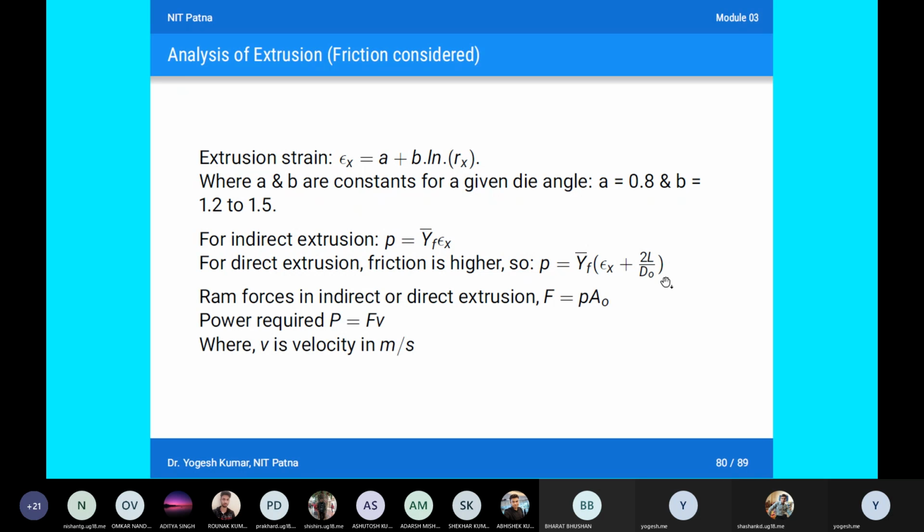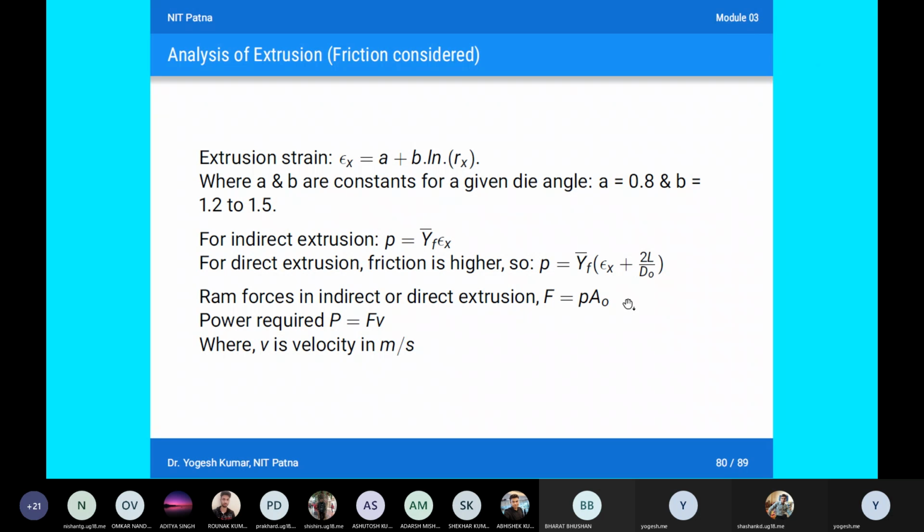The ram force, in the case of indirect or direct extrusion, is calculated as F equal to P times AO, the initial cross-sectional area of your work billet.